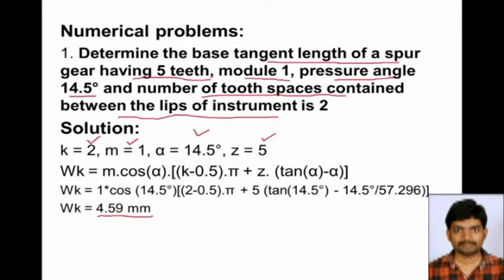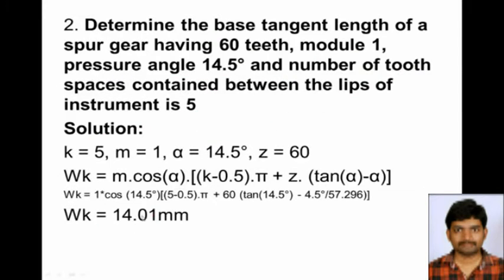And now another problem: we have to determine the base tangent length of a spur gear having 60 teeth, module 1, pressure angle 14.5 degrees, and the number of tooth spaces contained between the lips of the instrument is 5.